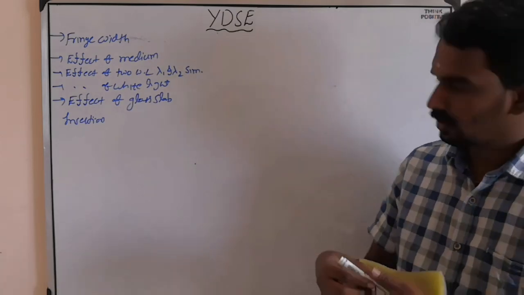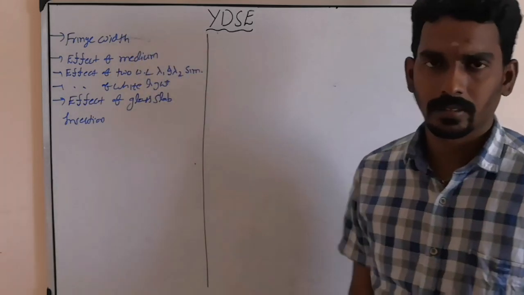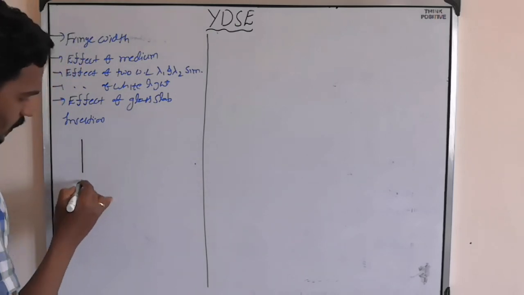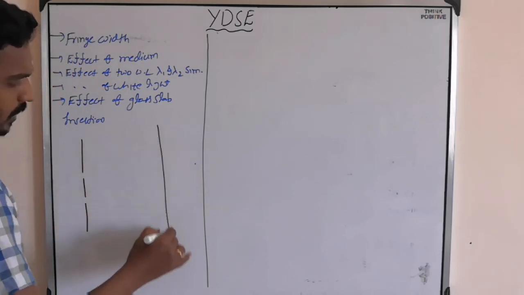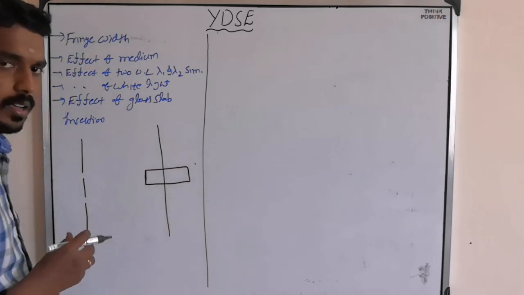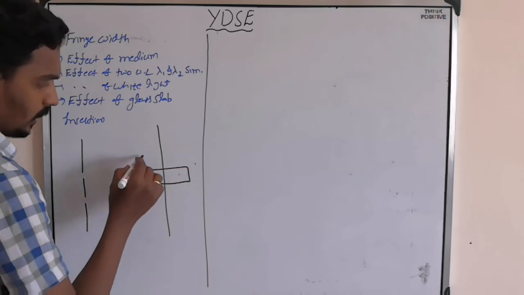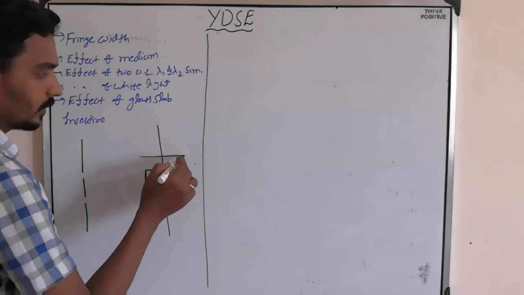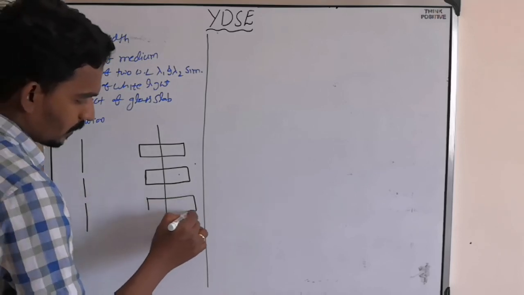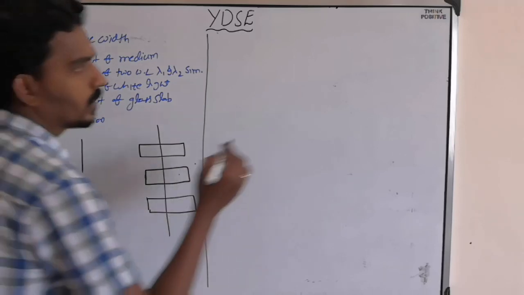Now, the very first thing, fringe width. What is fringe width? This is the slit and this is the screen. On the screen, there is a region with bright light, that is a bright fringe. Then there is a space, then again bright, then again bright. In actual, it is like this.